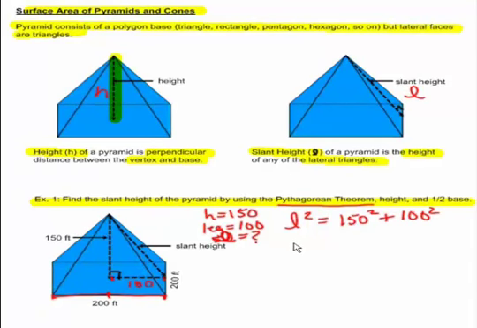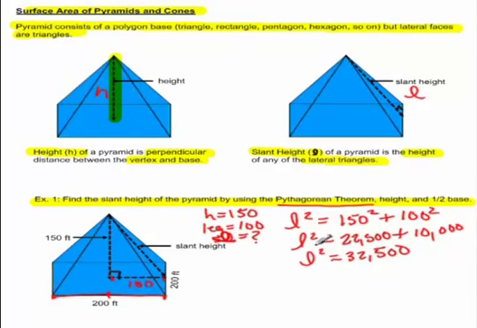So the slant height squared is equal to 22,500 plus 10,000. So this tells us to add, so the slant height squared is equal to 32,500.